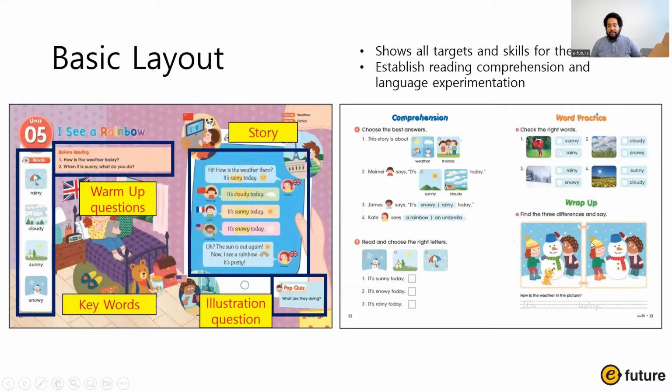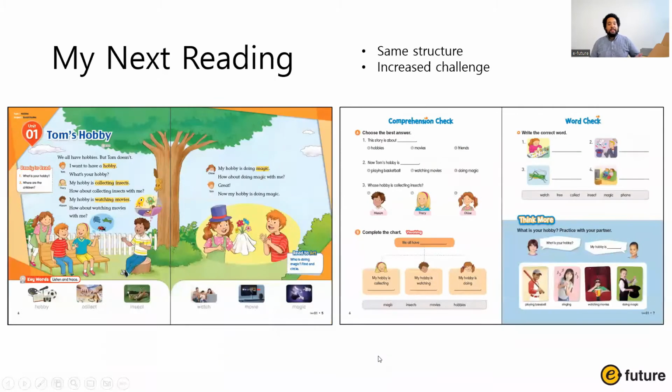And then on the final 2 pages, you'll have more reading comprehension questions, word practice, and language experimentation, and things like graphic organizers, or little wrap-up writing assignments. It's very simple, basic writing at this level. But as we progress up through My Next Reading, you can see that it's pretty much the same structure.